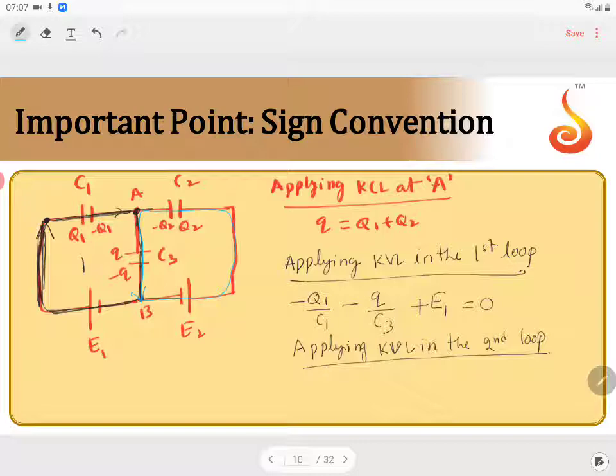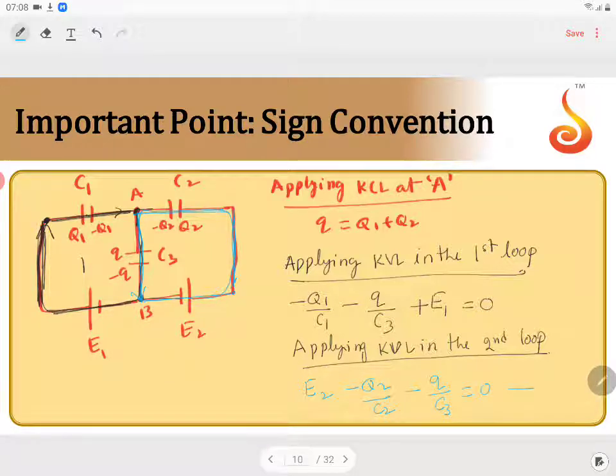You can go in any sense. So I go from B to this, so plus E2. Here to here no potential drop. Here to here minus Q2 by C2, because I am going from positive plate to negative plate. Here to here, again going from positive plate to negative plate, minus Q by C3 equal to 0.